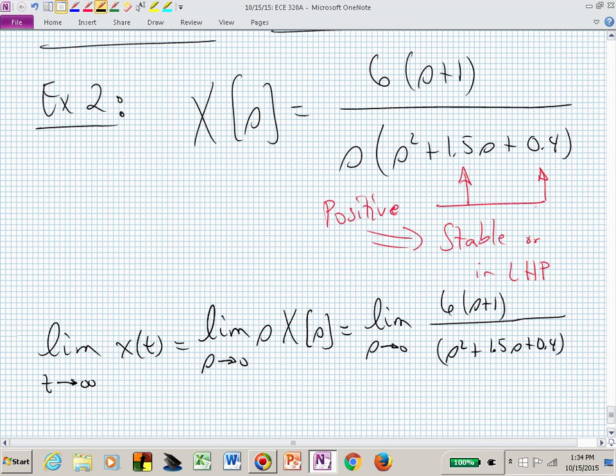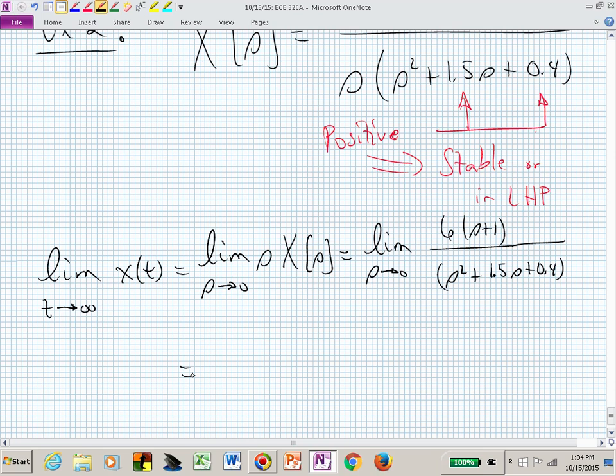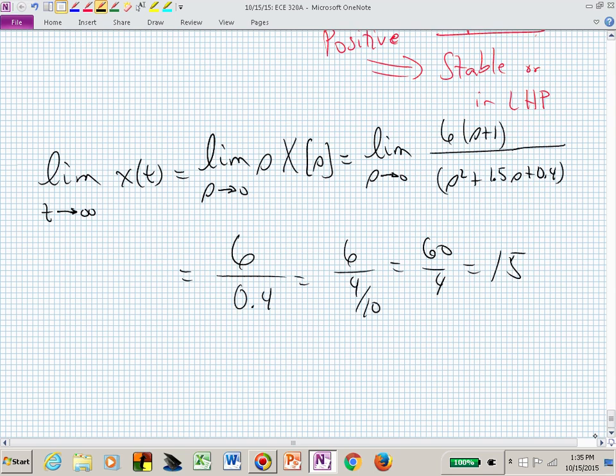Now let s go to 0. What do I end up in the numerator with? 6. What happens in the denominator? 15 is where I end up with my final value of x. And infinite is not very long in electrical engineering. The final value. We reach 15 pretty quick.